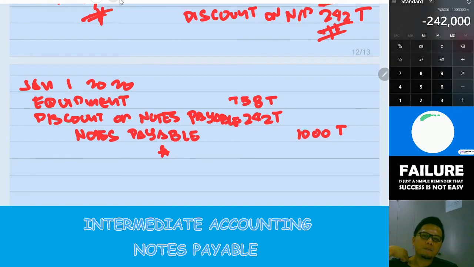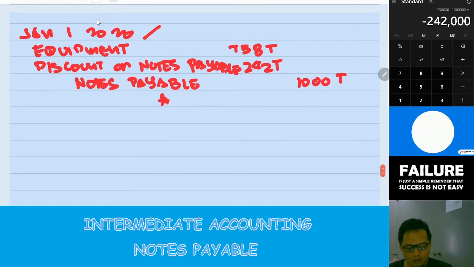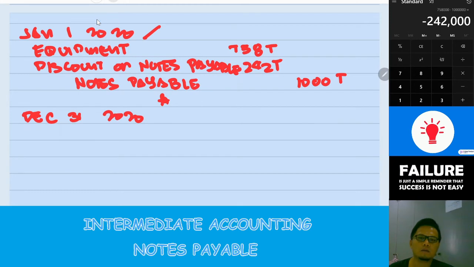Now, the next problem here, since this is our initial recognition, subsequent measurement, which is on December 31, 2020, and so on. So because we have used the concept of present value, practically we cannot use the outstanding balance method.